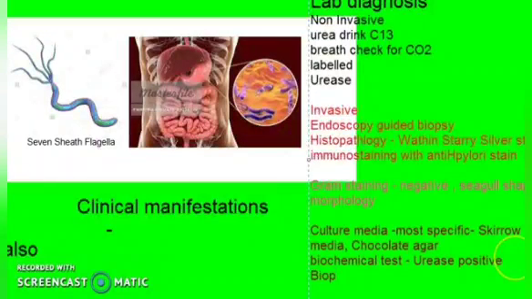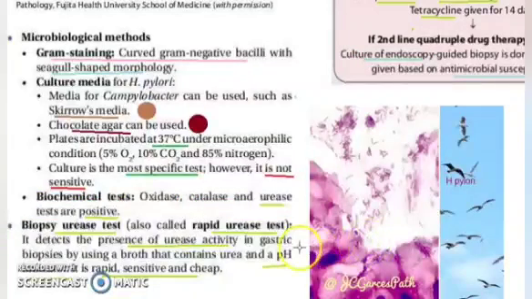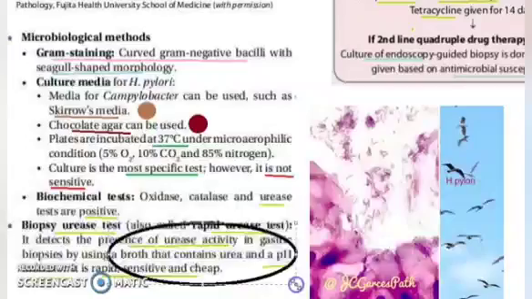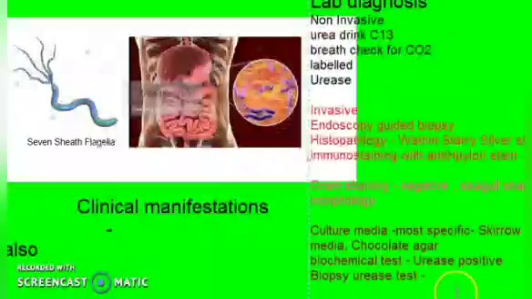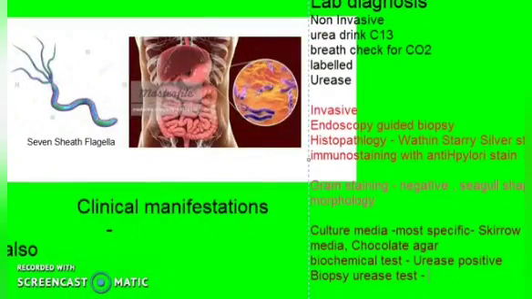That is called biopsy urease test. You can use a pH indicator and find whether there is urease activity going on. It's also called rapid urease test. Okay, it is very good, cheap, everything. Okay, that is biopsy urease test.